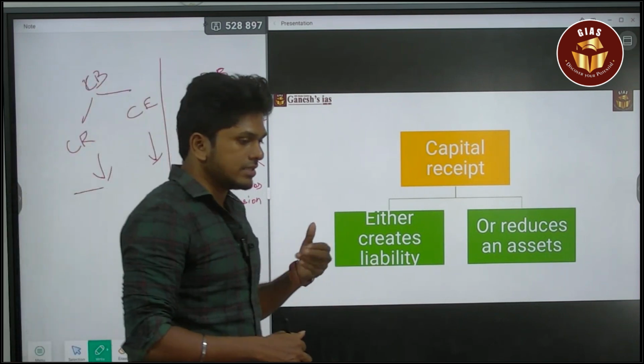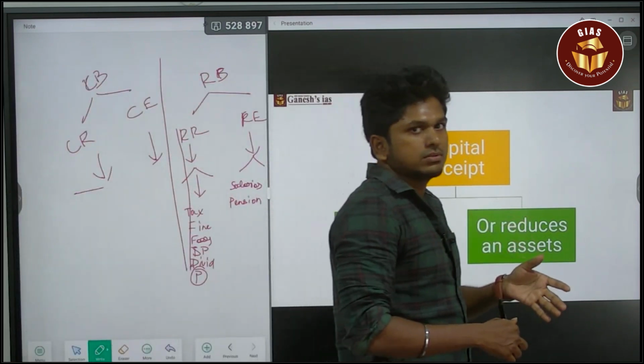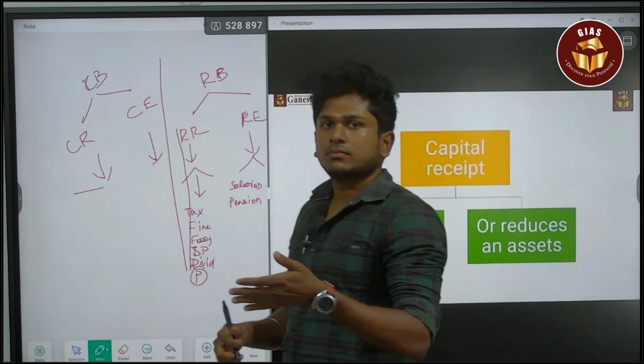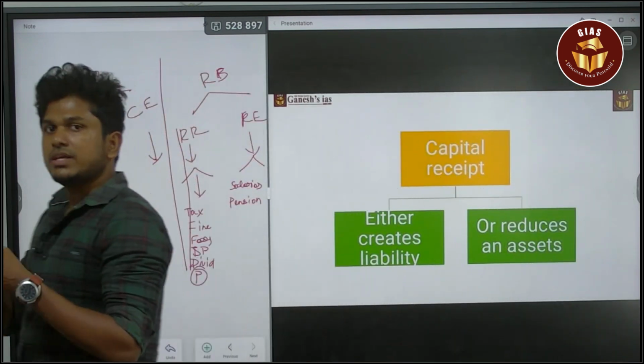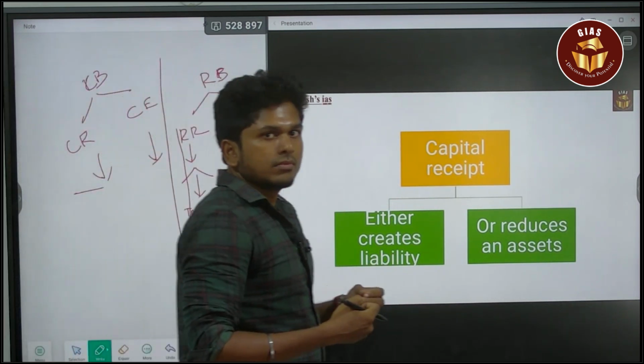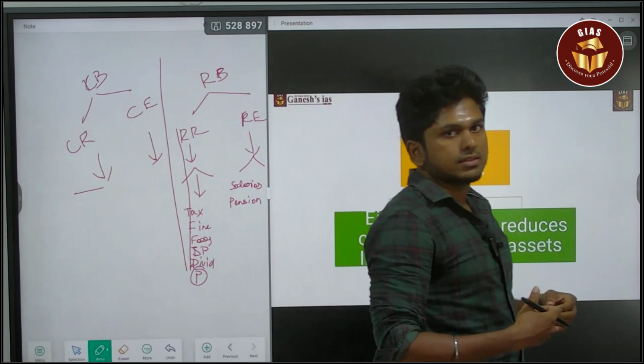For example, consider that the government is doing disinvestment, which means they are selling the shares of the government companies. By selling that, they are getting certain money, so they are reducing their asset.